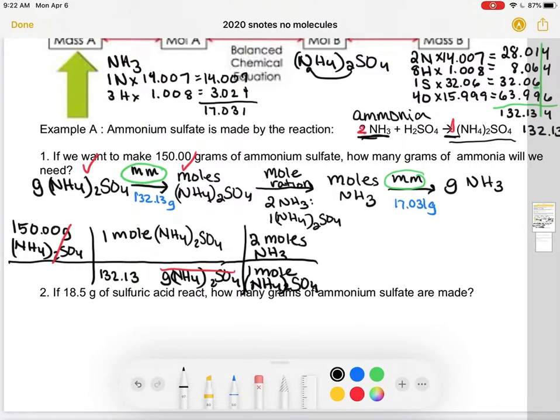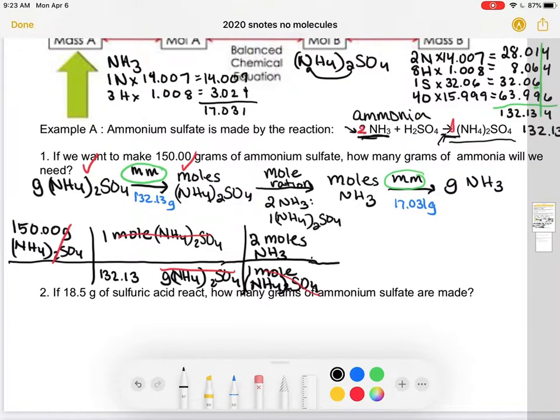Where did those numbers come from? That's a great question. Those are the coefficients in my chemical equation. This 2 to 1 ratio. Okay. If I was to stop my problem now, my units would be moles of NH3. But I'm not going to do that. Okay. I'm going to keep on keeping on.